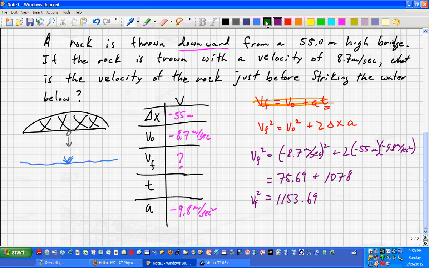We're going to square root both sides. So that's VF squared. Square root here, square root here. So that means that VF is going to be equal to plus or minus whatever answer I get. Since this is downward, we want the negative version. So I'm just going to get rid of the positive version and call it negative.